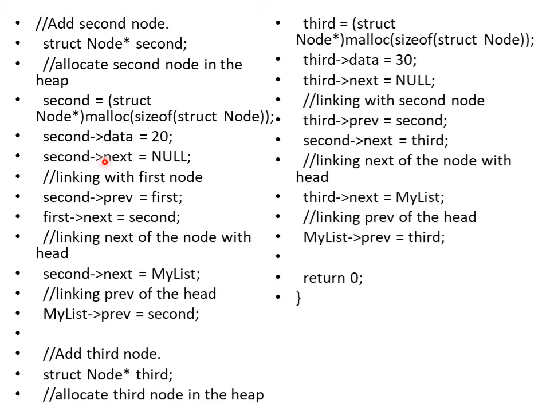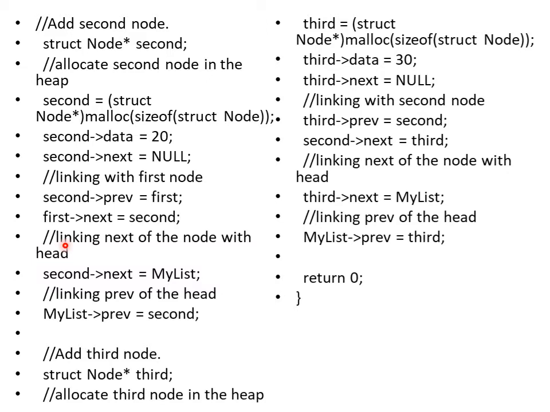I am assigning second of next equals null because it is the second node, for that reason it will be null. Then what will be there in the previous? The previous will hold the address of the first node, for that reason we are taking second of prev equals first, then first of next equals second.